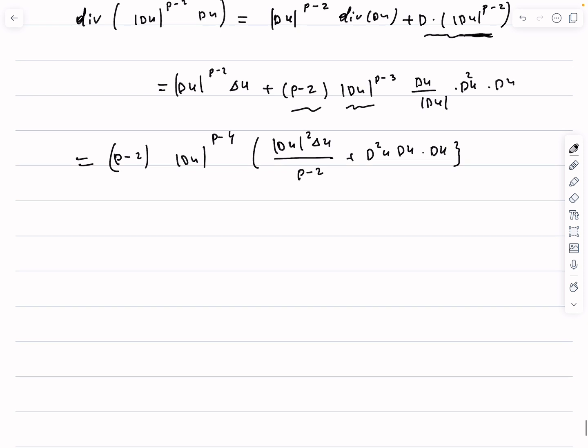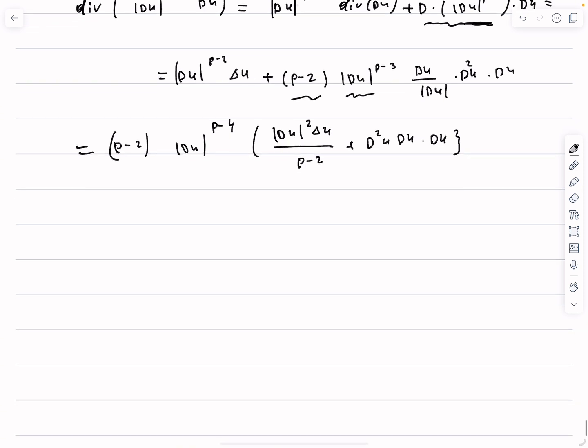Okay, we just opened it, and now what we will do is assume that the divergence of |du|^(p-2) du is equal to 0. This is by the definition of Lagrange, which was said above.